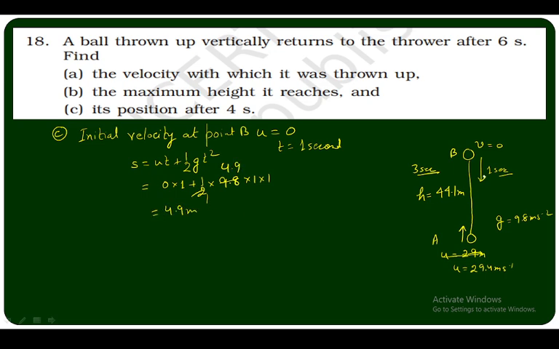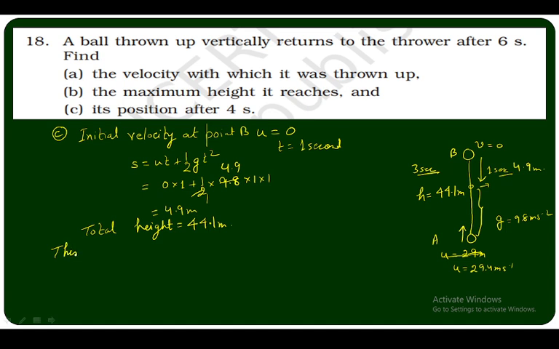That means this distance from here to here is 4.9 meter. Then we have to find the position above the ground, that is 44.1 minus 4.9. The total height we got is 44.1 meter.